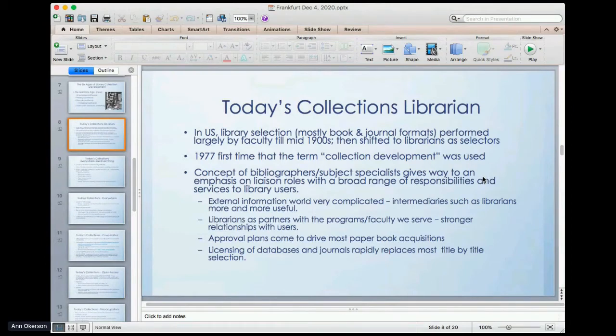Meanwhile, mechanization advanced as well. Vendors introduced approval plans whereby they would deliver to the library everything that fit a particular profile the library had defined. And the idea was that much of the collecting business could be done without title-by-title selection.